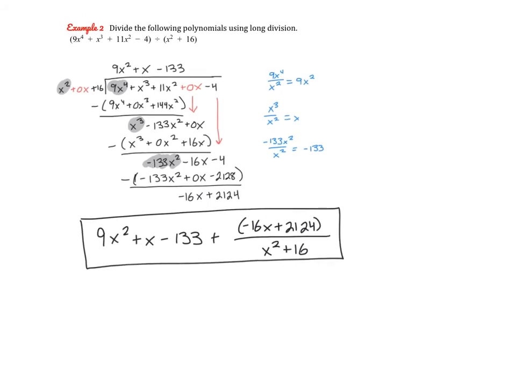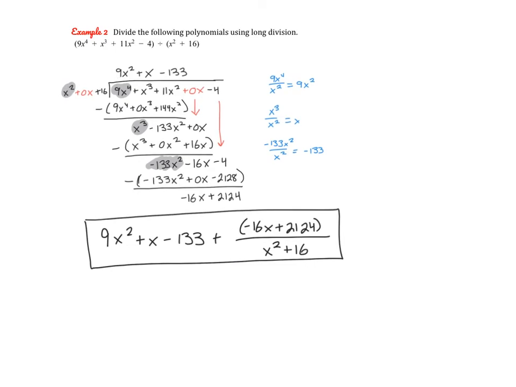Or we can write it out as a product of our answer. So we could say the original polynomial, 9x to the fourth plus x cubed plus 11x squared minus 4, should be this times this plus our remainder.